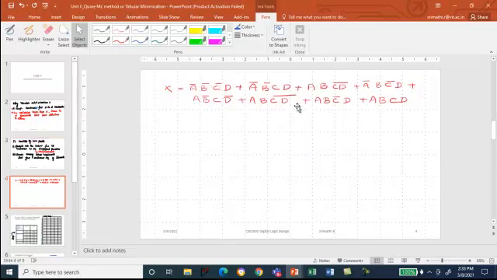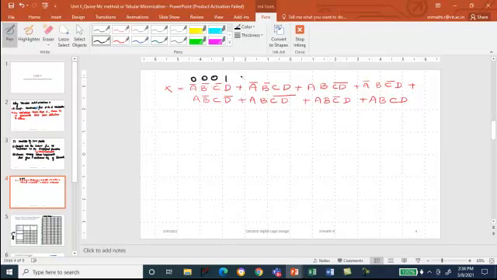Take this function X as the given function. Reduce the given expression by tabular minimization. Let me write the minterms.